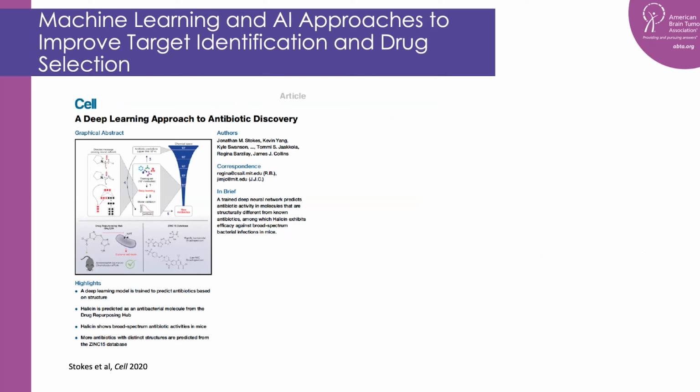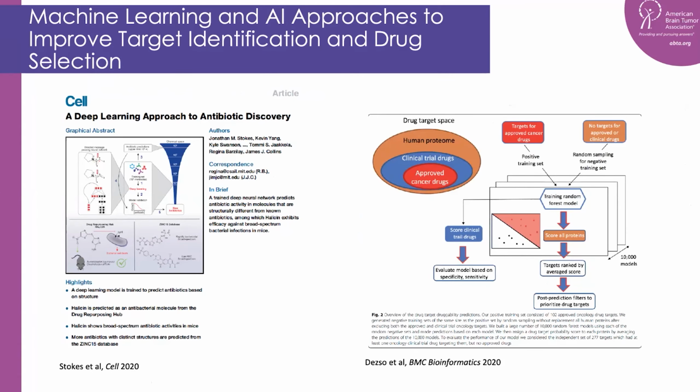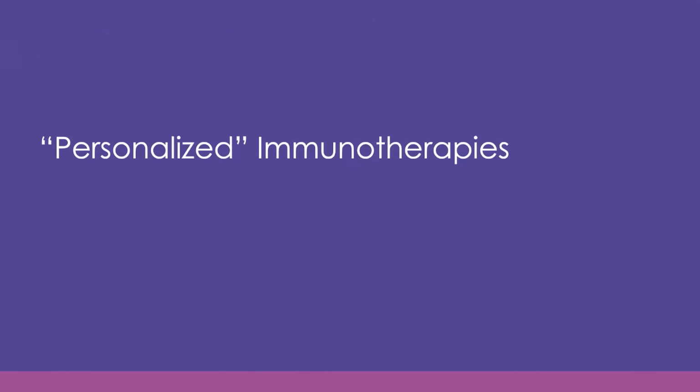This is just an example from antibiotic discovery, trying to target resistant bacteria, but the same idea can be applied to tumors. And this is an idea of training an AI system to look at different aspects of the tumor biology and look at existing drugs and try and match which drug would be best for that type of tumor. So, I'm optimistic that these things will be useful in the future.